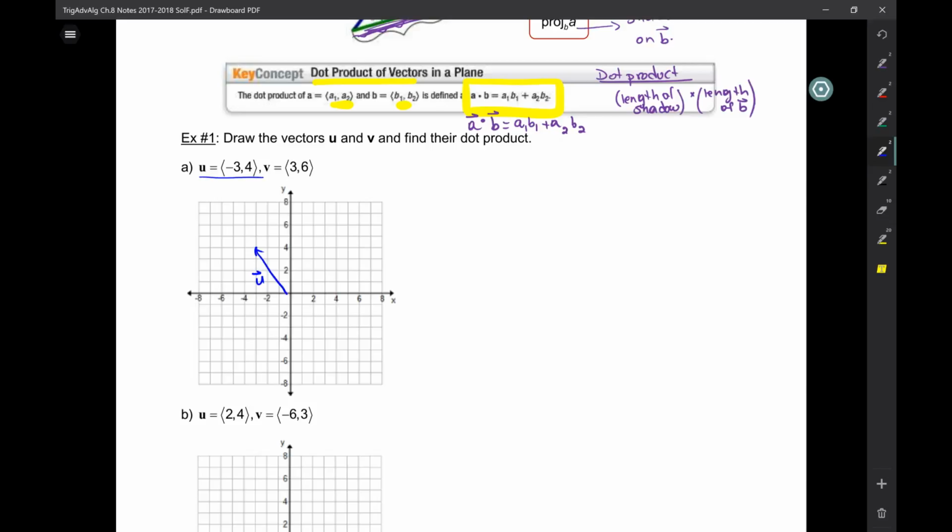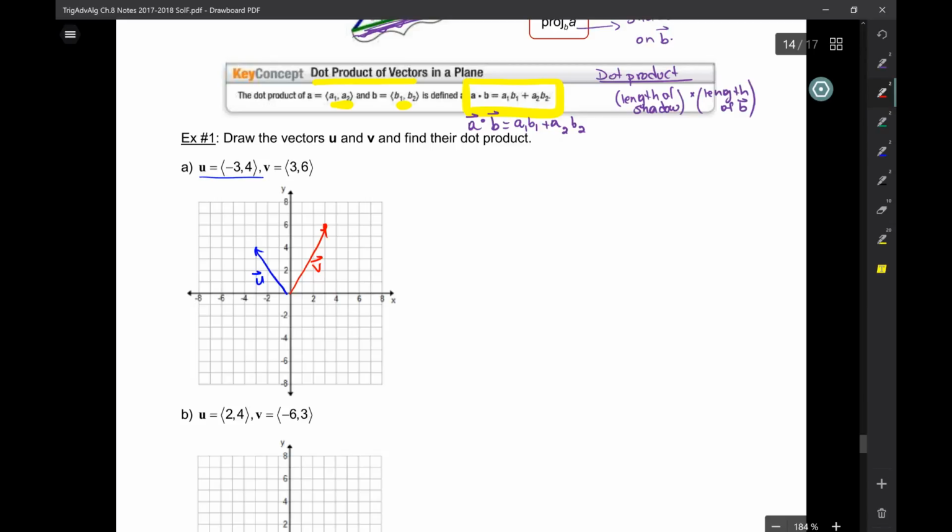Well, everything starts at 0, 0. And then vector V is 3, 6. All right, so that's vector V.